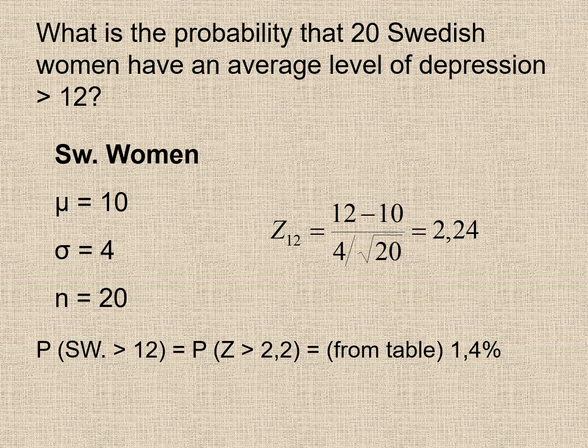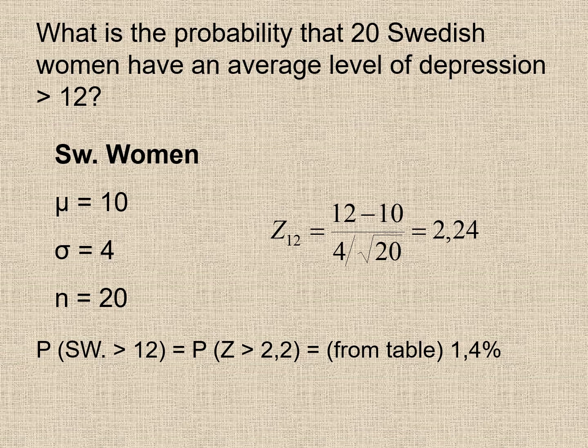So we calculate how large a deviation from the population mean we would need in order for this situation to be fulfilled. So we take 12 minus 10 divided by the standard error. The standard error we get by taking the standard deviation of 4 and dividing by the square root of the sample size 20.